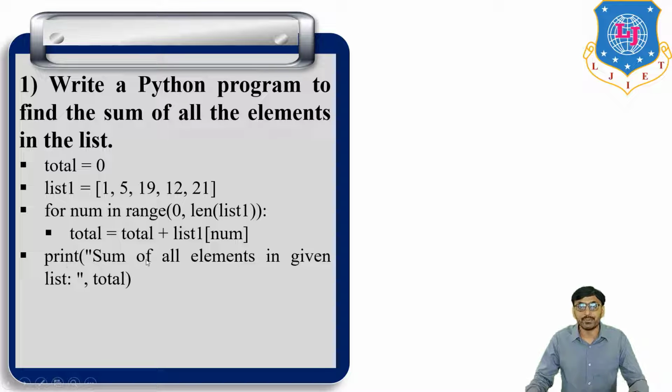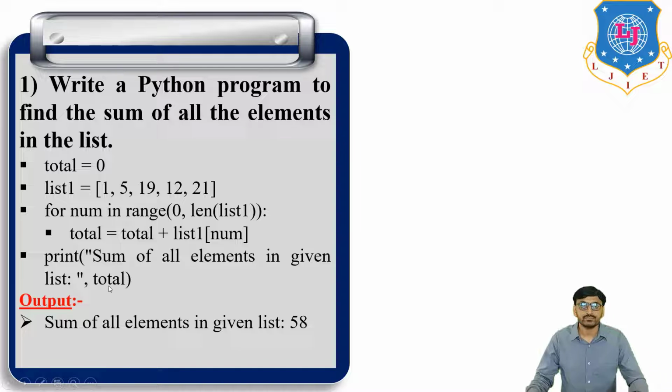So print sum of all elements in a given list, that is total. Final total after all iterations is transferred here. When we run this program, the sum of all elements in the given list is equal to 58. It means the summation of 1 plus 5 plus 19 plus 12 plus 21.